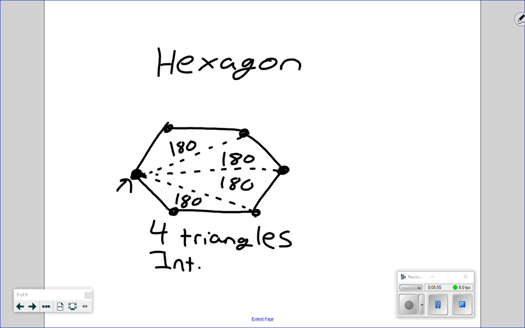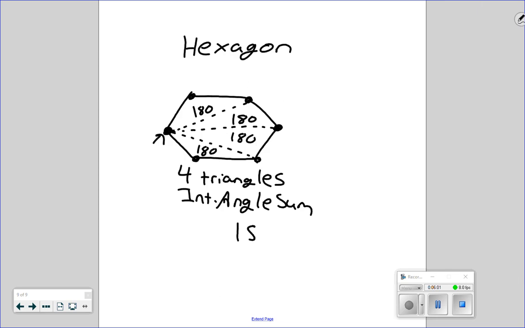So the interior angle sum of this hexagon would be 180 times 4. So it'd be whatever 180 times 4 is. This ends up being 720 degrees.